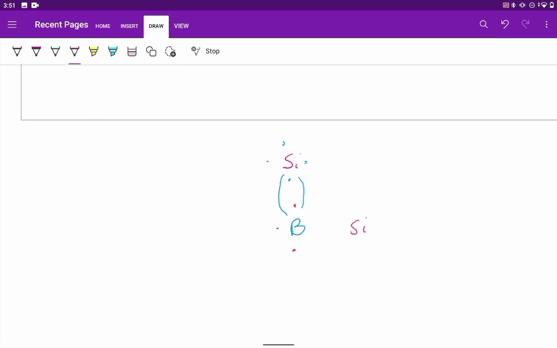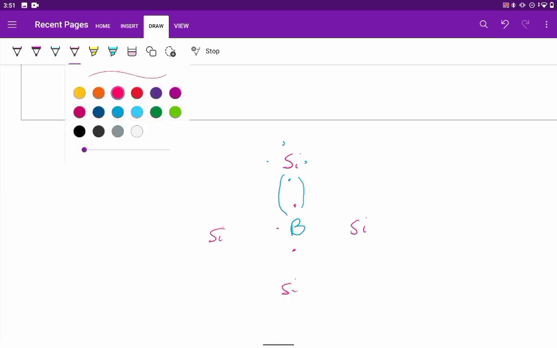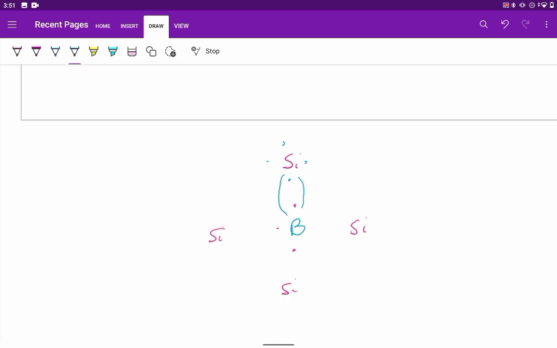On 4 sides I will do it and I will show you. So these are the 4 electrons of the silicon. Like this bonds can be formed. But here you see boron here is not having any electron. It's a hole. So when we apply electric field, what happens?